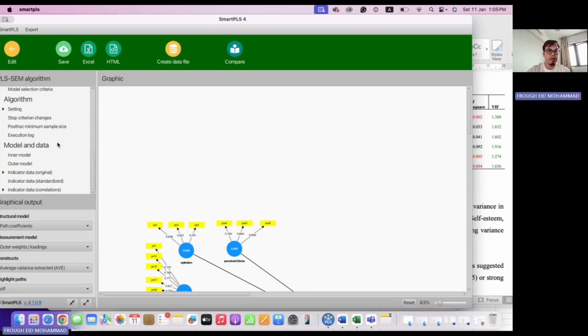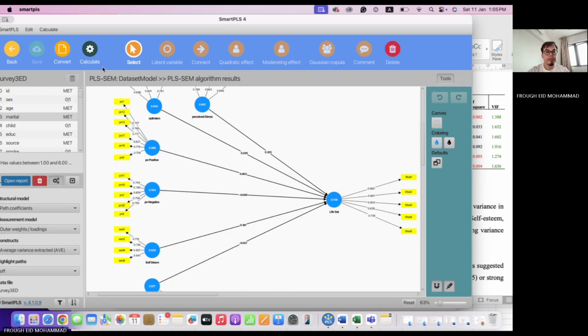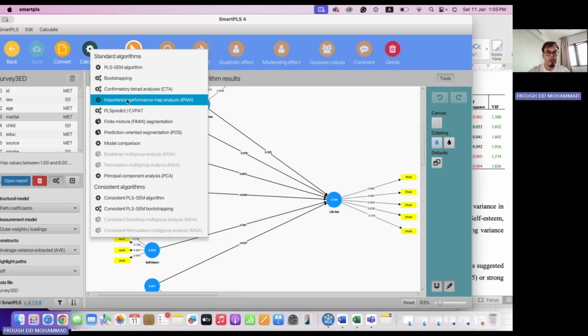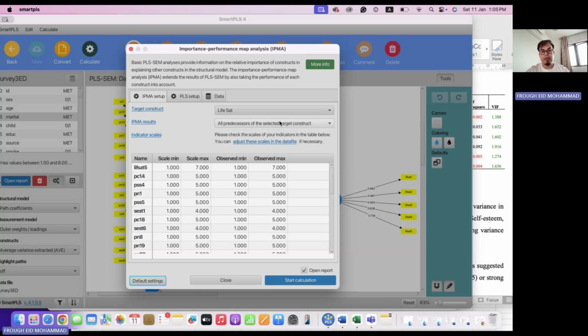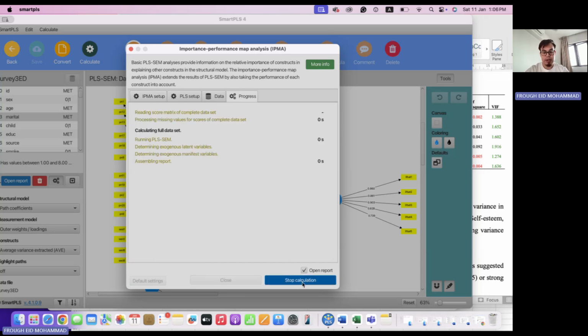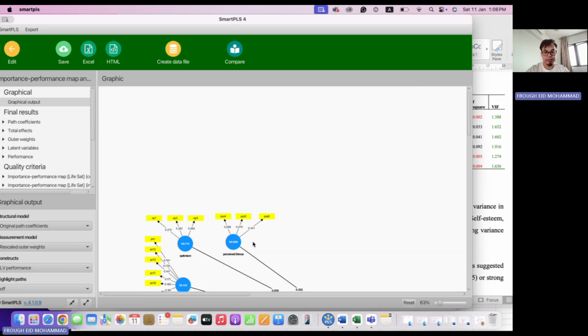I'm sorry, that should be in IPMA. Yeah, I needed to go here. So here I need the dependent variable to choose. It is already chosen here, life satisfaction as the dependent variable, so it is all okay. Just I start calculation.